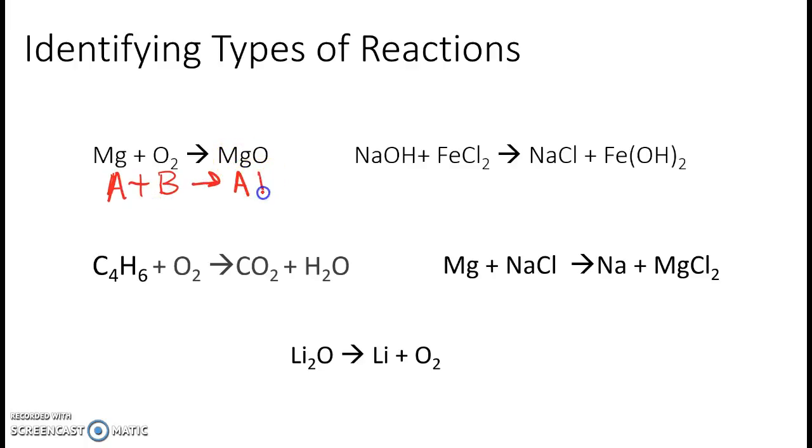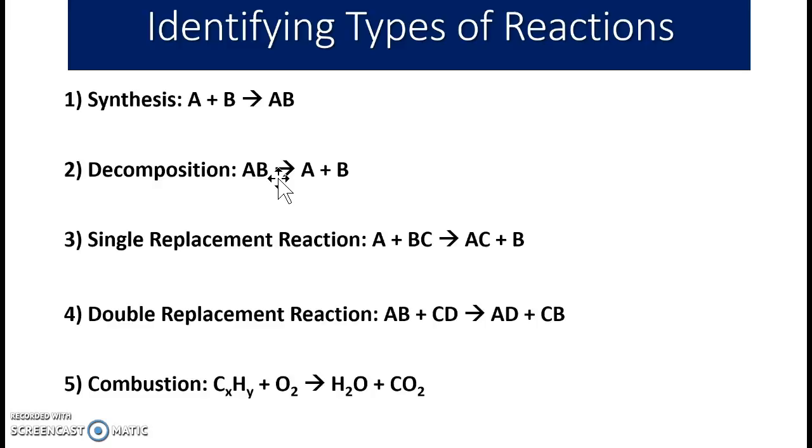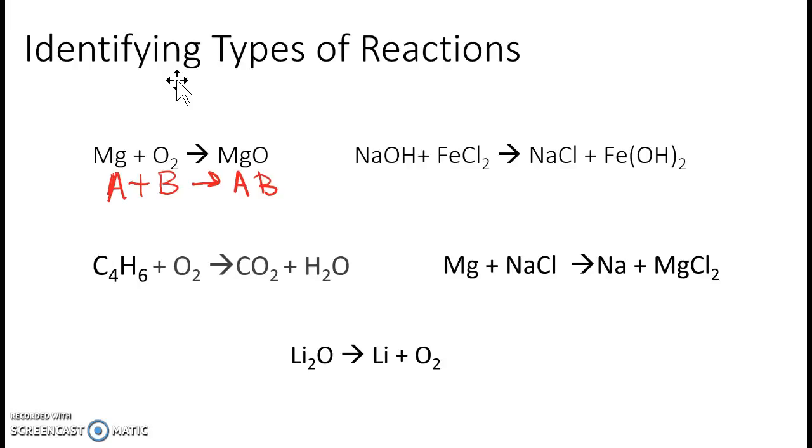Magnesium, Mg is A, and O is B, element B. So we can go back to our reaction frameworks, and we see that this matches synthesis. A plus B makes AB.